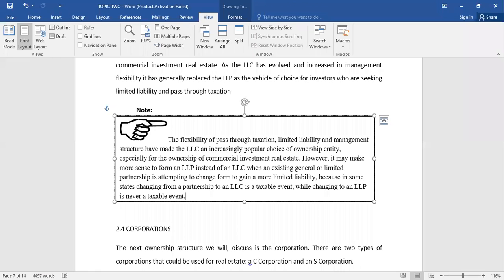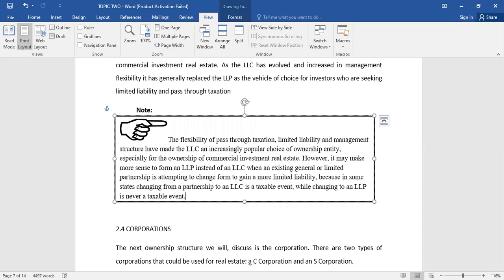But here it is professionally managed. The challenge that is there, however, is the conversion. So you can see I'm saying it may make more sense to form an LLP instead of an LLC. A limited liability partnership instead of a limited liability corporation.